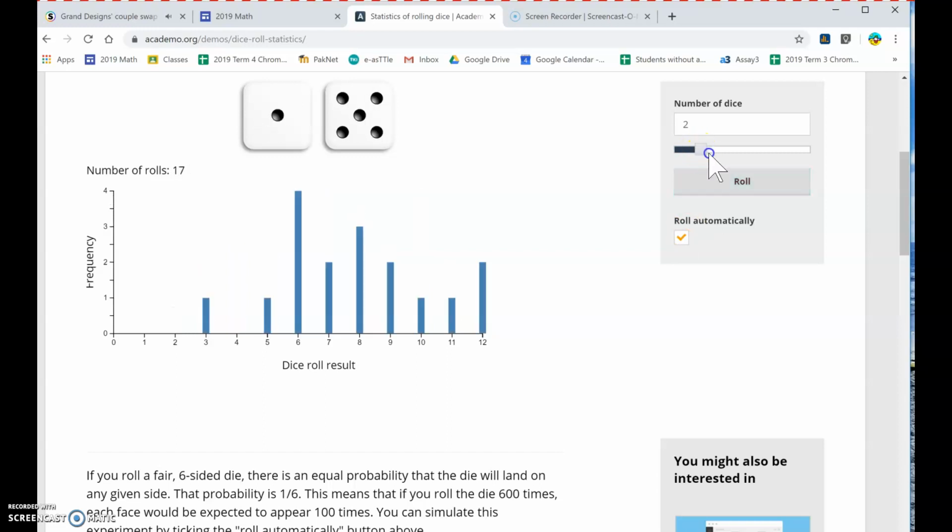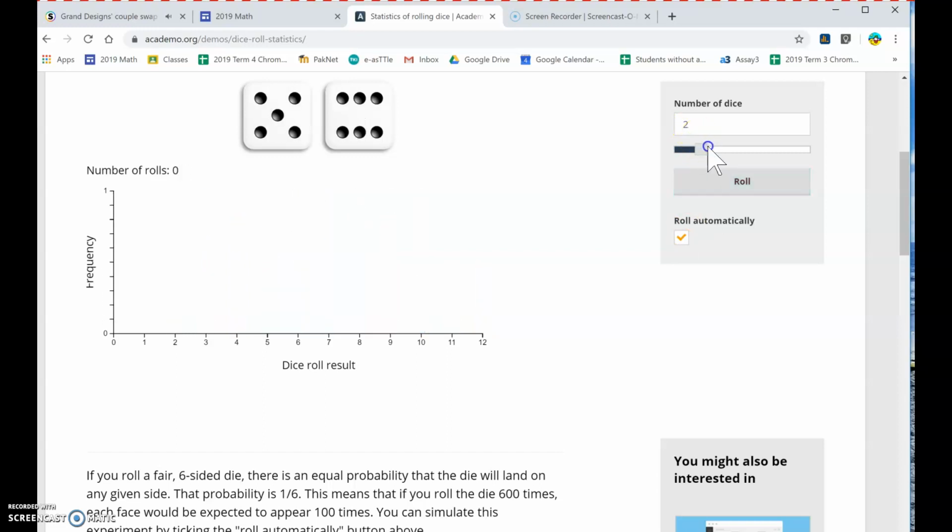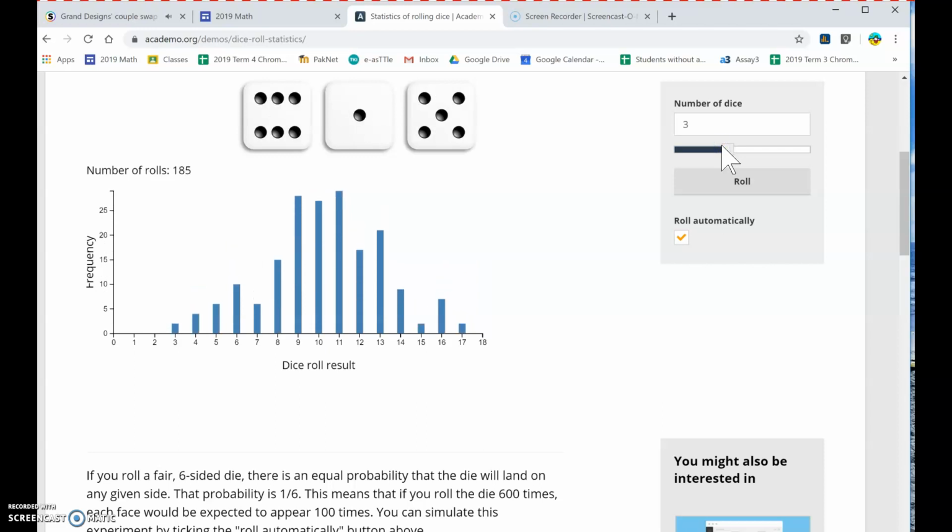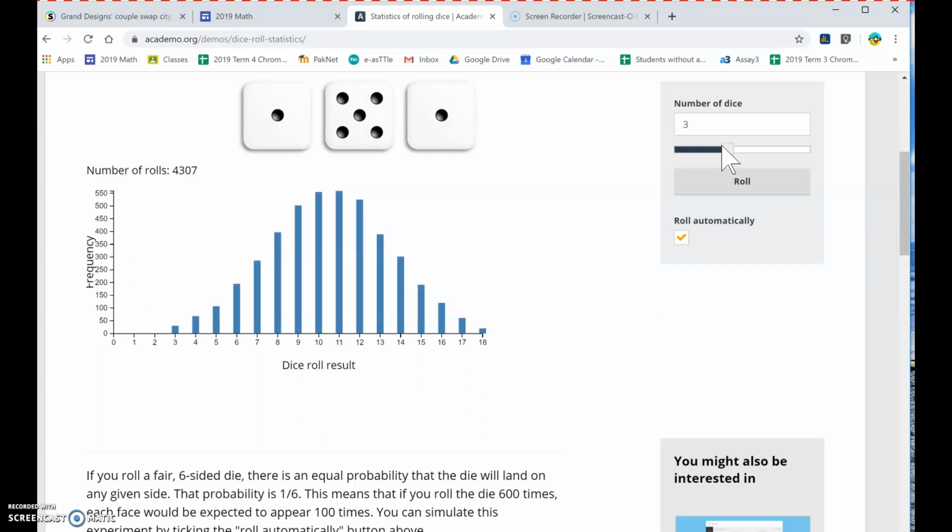The next thing you can look at is 3 dice. So if I can move that up to 3, what would you expect that distribution to look like? Now that's extra for experts if you wanted to work out the probability of adding 3 dice together and the shape of that distribution. But to me, it looks more like a normal distribution, which you might like to Google, than it does a rectangular distribution or a triangular distribution.